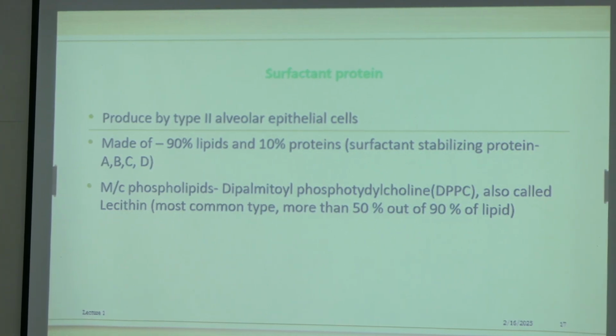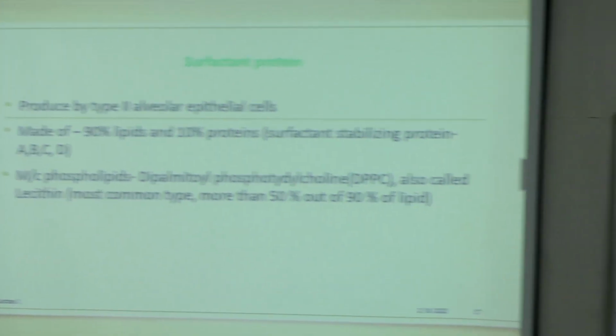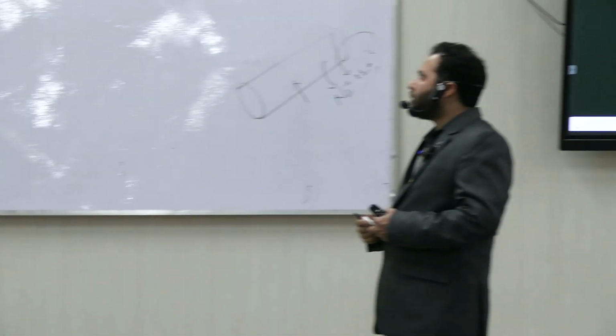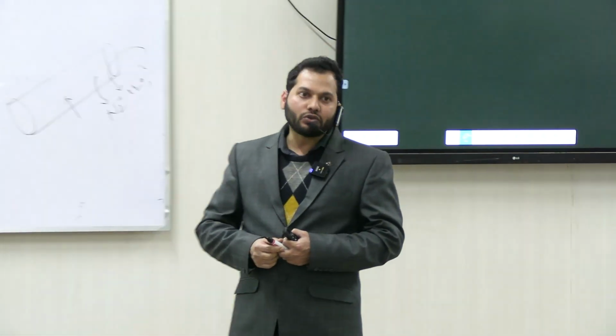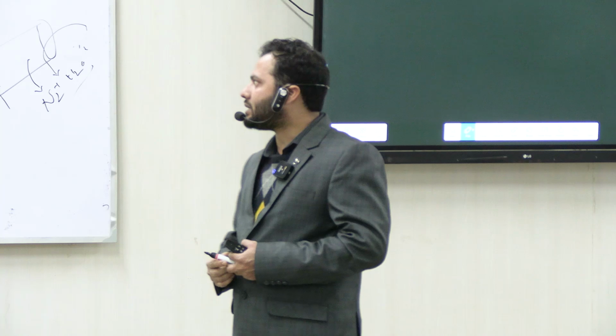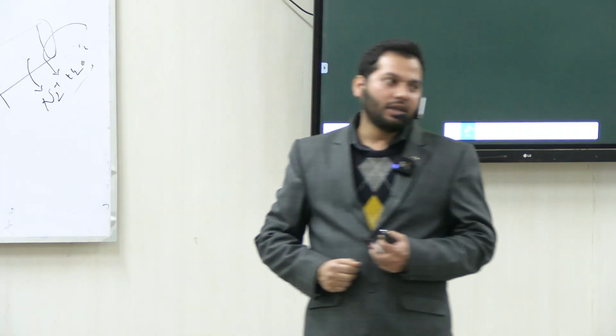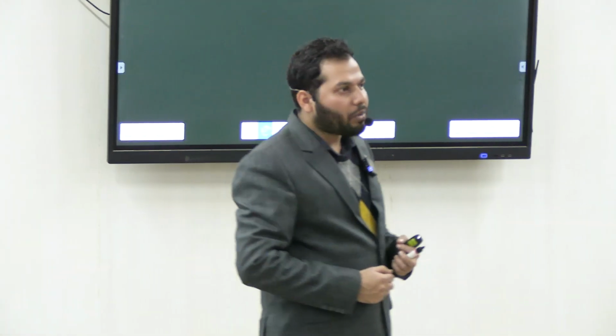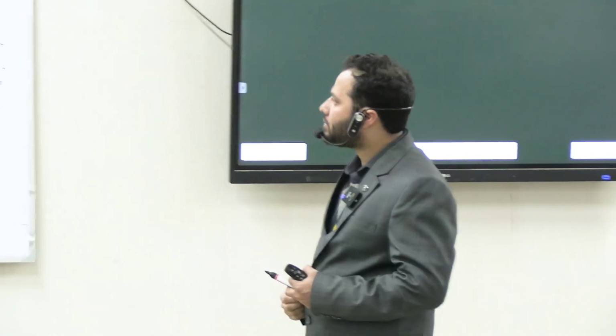Now the question is, what type of lipid is present in surfactant? And what are the different types of surfactant proteins produced by type 2 pneumocytes? Mainly A, B, C and D types of surfactant stabilizing proteins are produced by type 2 pneumocytes.